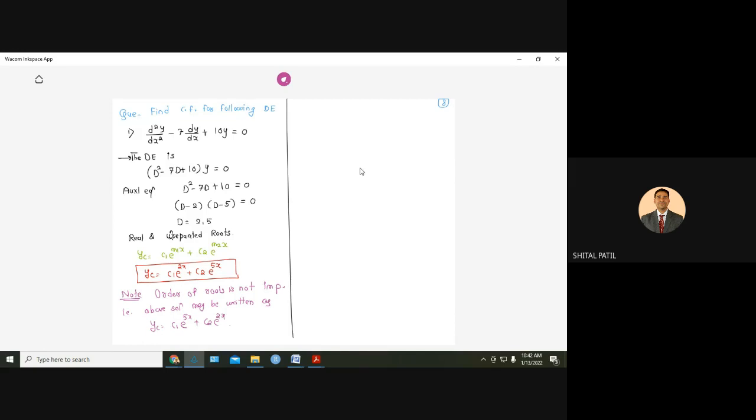Same as before. Whether I write c1 with e raised to 2x or e raised to 5x, it is an arbitrary constant only, na? So same only. Getting everyone?